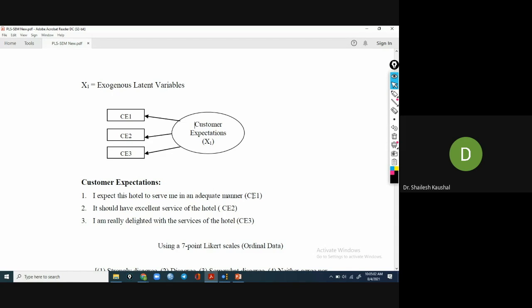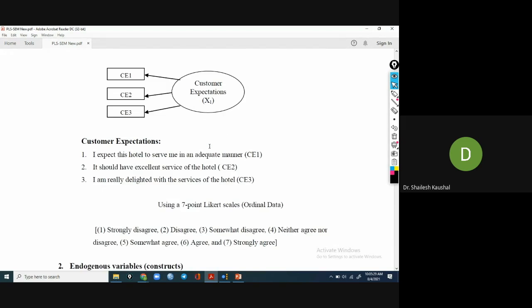CE is a short form of the question, and customer expectations can be determined using three questions. I expect this hotel to serve me in an adequate manner. It should have excellent service of the hotel. So these are the three questions. It's exogenous. Exogenous means x1, x2, x3.